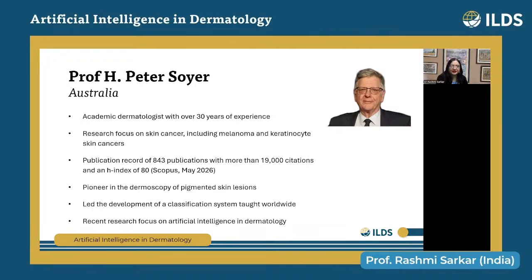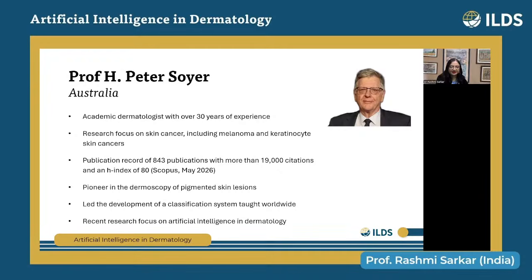Finally, we have Professor H. Peter Soyer from Australia. I'm sure that you're all familiar with his name. He is an academic dermatologist with over 30 years of experience. He has a research focus on skin cancer, including melanoma and keratinocyte skin cancers, and a publication record of 843 publications with more than 19,000 citations and an H index of 80.